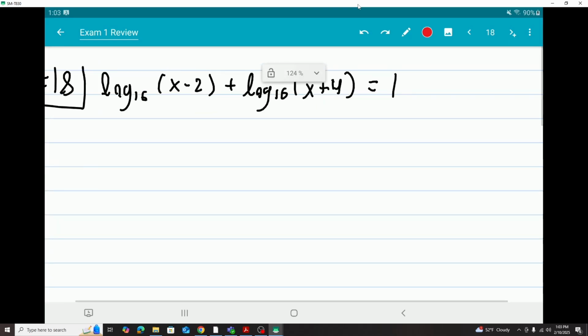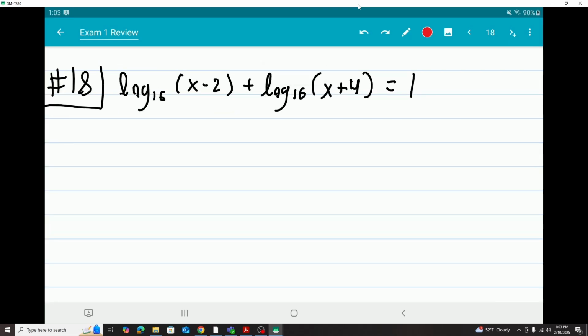So here I have log base 16 of x minus 2 plus log base 16 of x plus 4. By the combining log rule we did, that's equal to log base 16 of x minus 2 times x plus 4, is equal to 1. Just be careful about that.